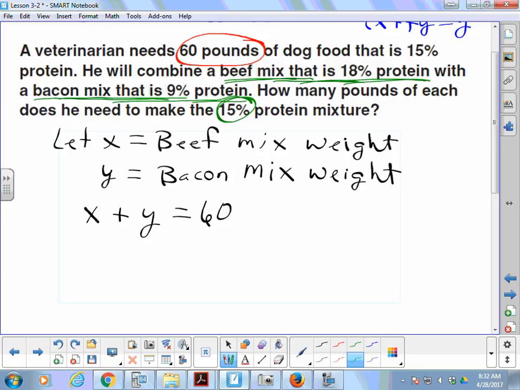So when we write this next equation, it's got to involve those numbers. All of this beef mix I have here, X, only 18% of that is protein. The bacon mix, only 9% of that is protein.